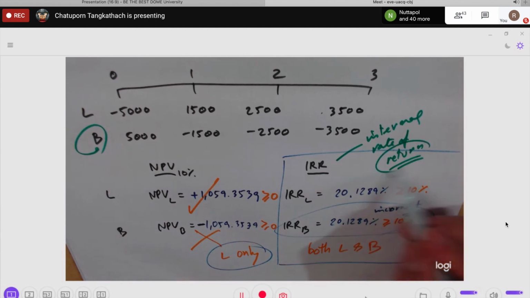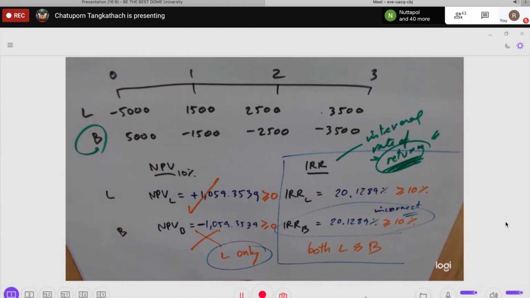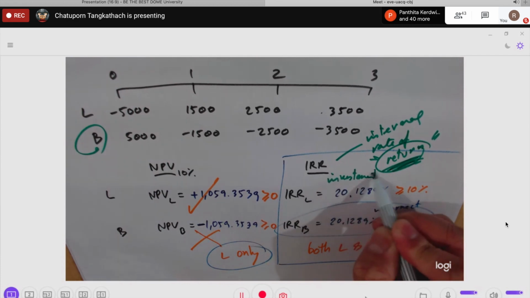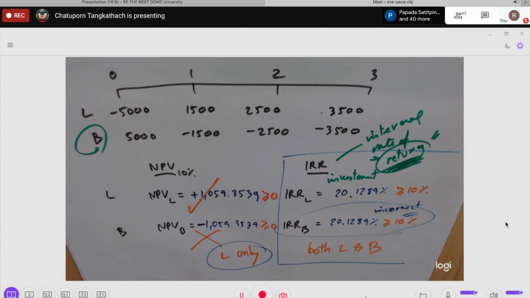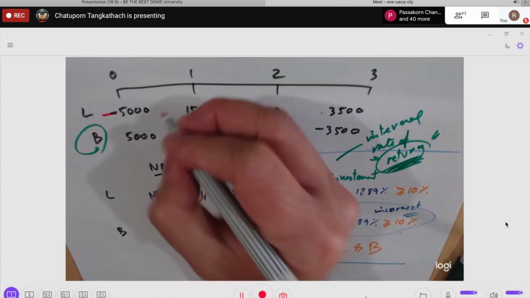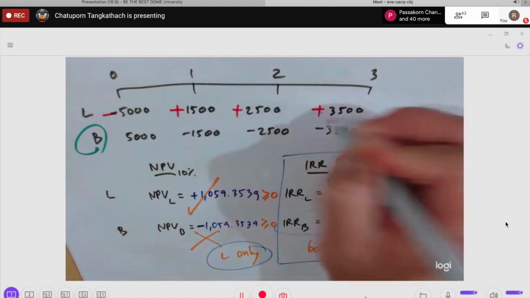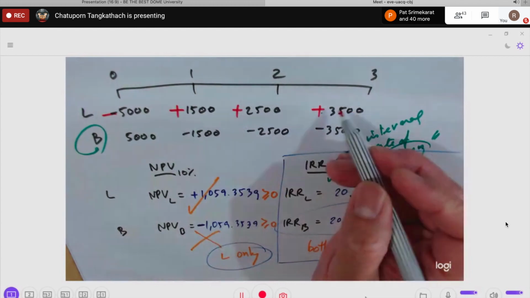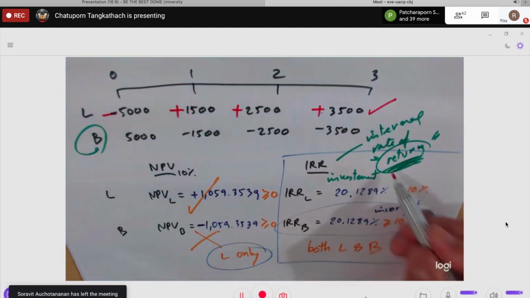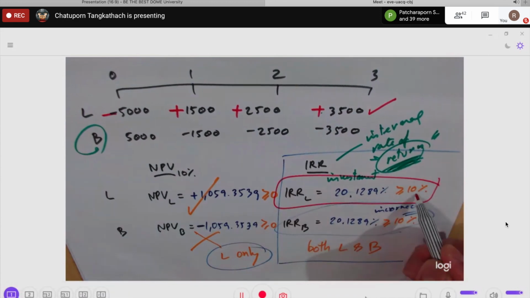We talk about return. What does it mean by return? Return must come from investment. We can get the return only if we invest first, and then we get the return or cash inflows back. This is an investment project, project L.